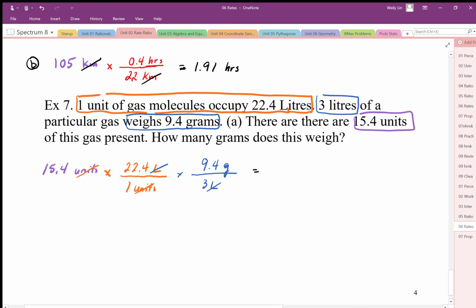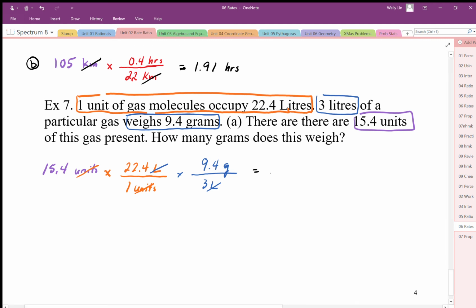From this point, all I need to do is, I have it all set up, times on top, divide on bottom. So then I'm going to do 15.4 times 22.4 times 9.4, and then divide by 1, divide by 3. So I end up with 1,080 grams, 0.87.